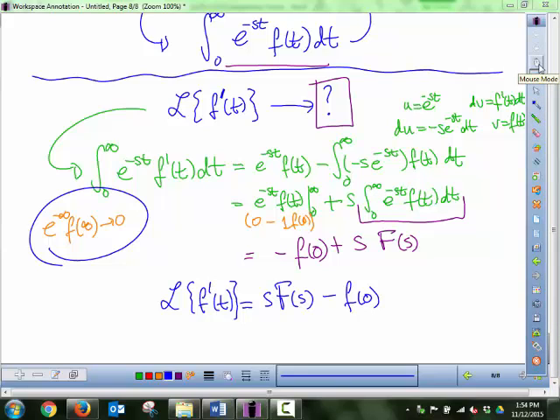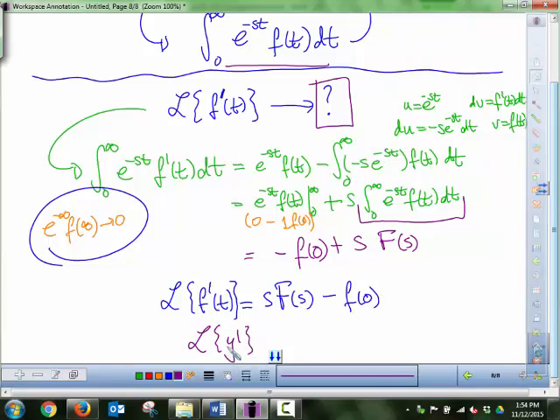By the way, when we're transforming a differential equation, our differential equation is not usually written as f of t, right? It's usually written as y. So just as a slight change in notation, we can also write this as L of y prime, assuming that y is in the t world. This is going to be equal to s, and then the corresponding letter for y is capitalized, so that's capital Y of s, minus, and little y is back in the t world.